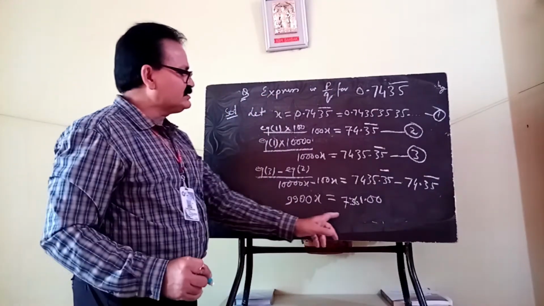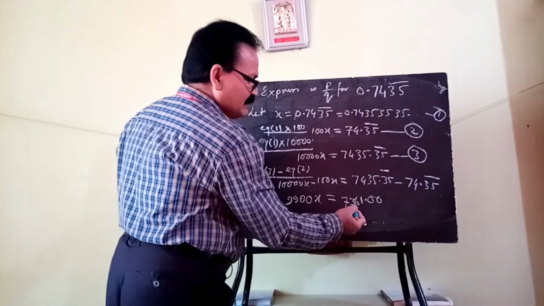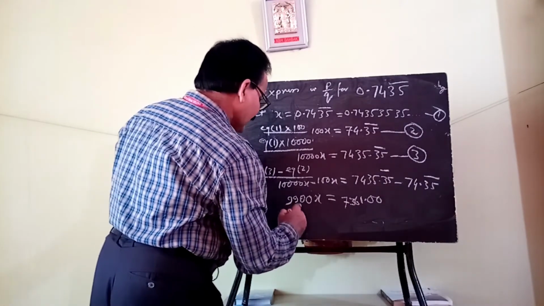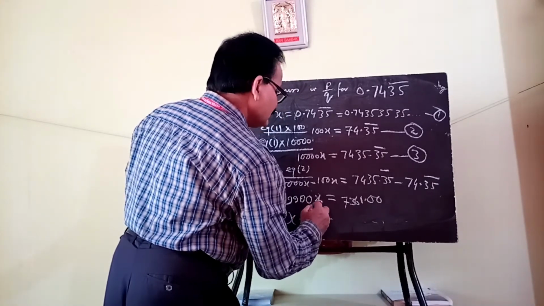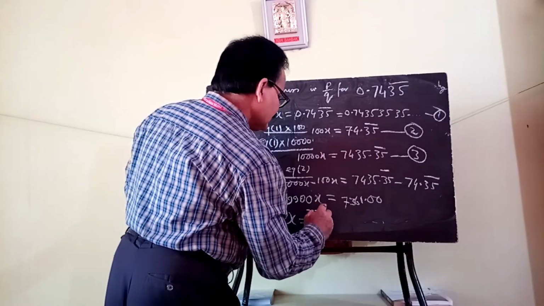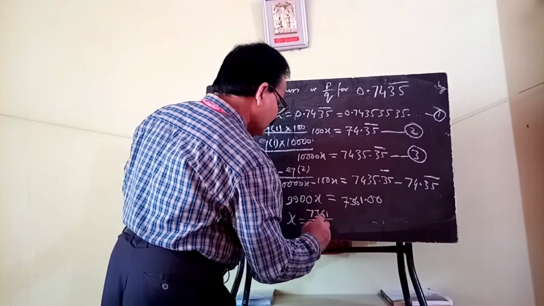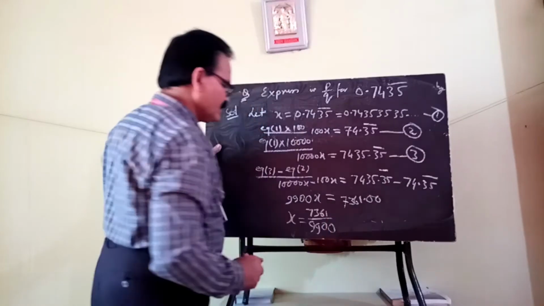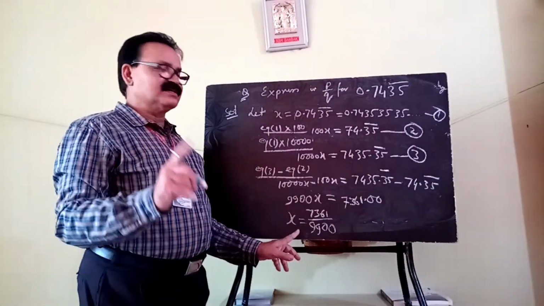So 7361 is what you have got after subtraction. So x will be equal to 7361 by 9900.